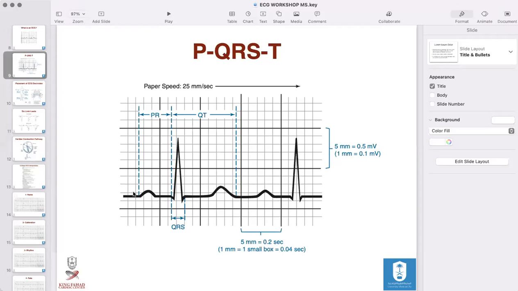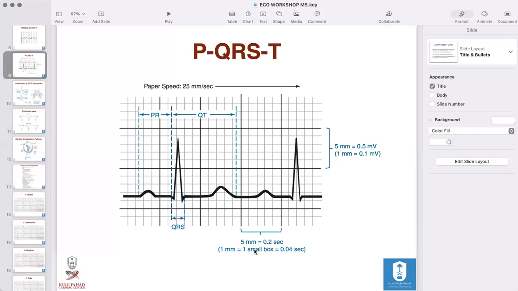If it's less than 120 milliseconds, and as I told you, each small box is 40 milliseconds, so 3 small boxes identify 120 milliseconds. Less than that is where you have pre-excitation syndromes like WPW, Wolff-Parkinson-White, which means there is an extra connection within the heart bypassing the AV node, or you have a junctional rhythm.